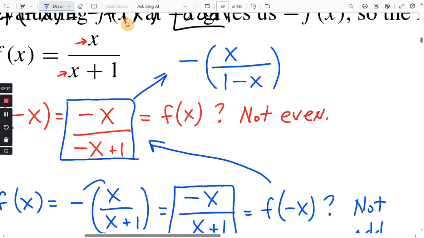And yeah, that would just be negative x divided by 1 minus x if you wanted to put it in a different form. Okay, but either way, it does not equal the original.